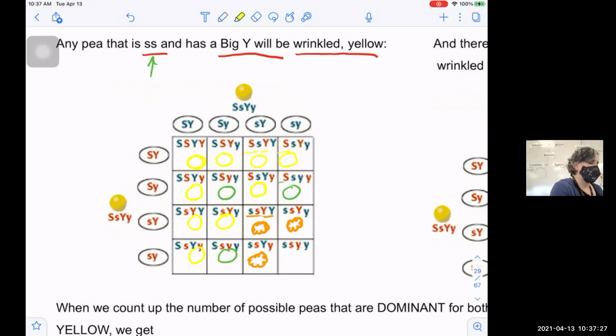Let's just make these yellow so that you can tell that they're still yellow. So I see 3 wrinkled yellow peas. They're wrinkled, which is the recessive trait for shape, and they're yellow, which is the dominant color.